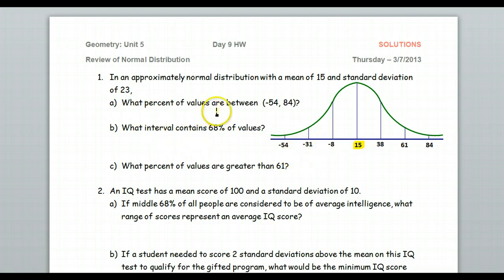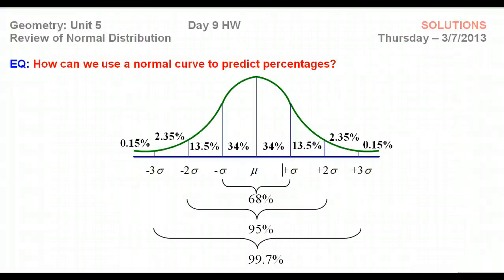Now, what percent of the values are between negative 54 and 84? So here's negative 54, and here is 84. From there to there, that is 1, 2, 3 standard deviations in both directions.